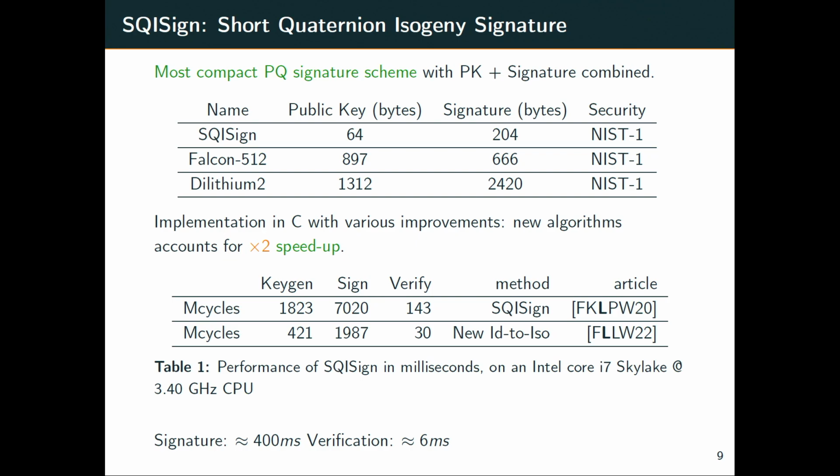In particular for the verification, a few milliseconds doesn't seem like something really prohibitive. This is a very active area of research, and I hope I convinced you that it's very interesting and exciting to still work on isogeny-based cryptography these days. Thank you.